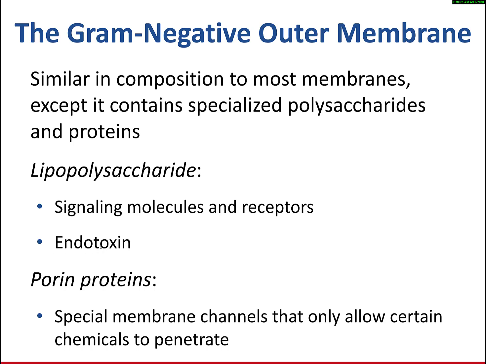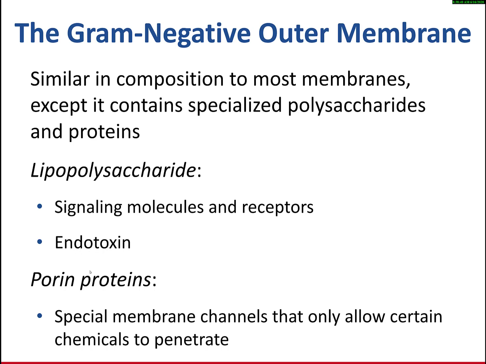Similar in composition to most membranes, except they contain specialized polysaccharides and proteins. The gram-negatives have this lipopolysaccharide. Now this is problematic. The lipopolysaccharides, so it's fat sugar chains, signaling molecules and receptors, is referred to as an endotoxin.